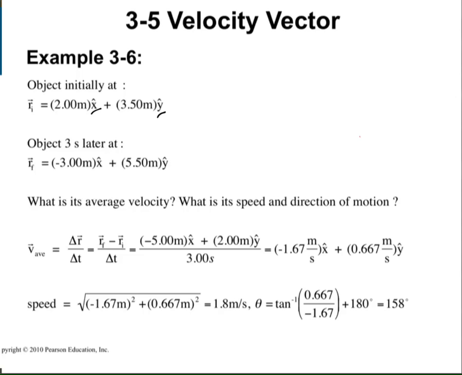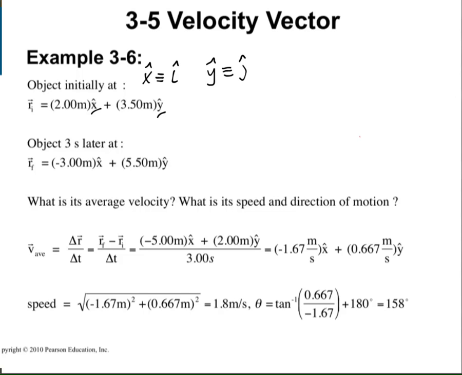Sometimes you see in the textbooks the unit vector in x represented by i, small i with a hat, and the unit vector in y is shown as j. They are exactly the same things, okay? This is just a representation.